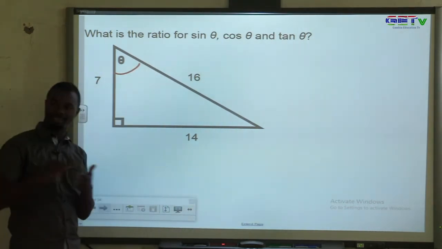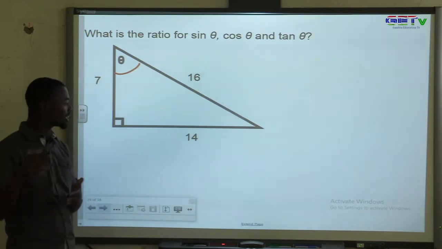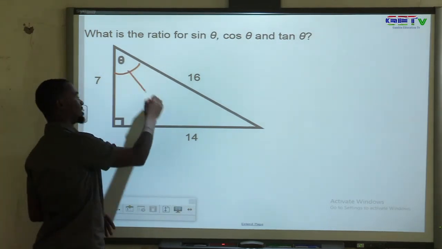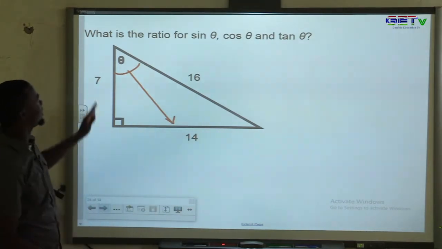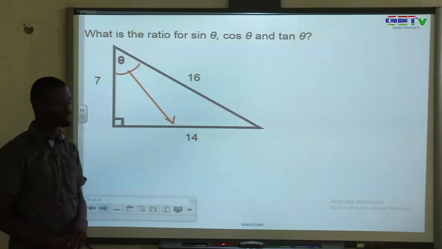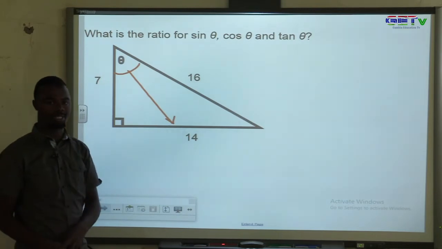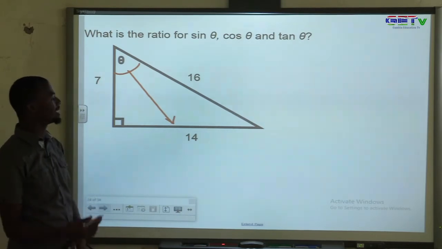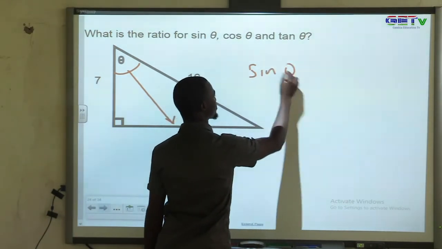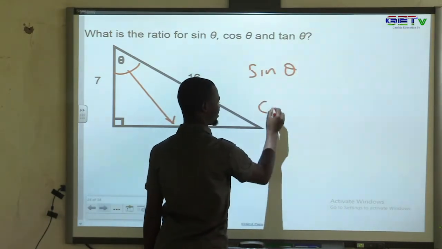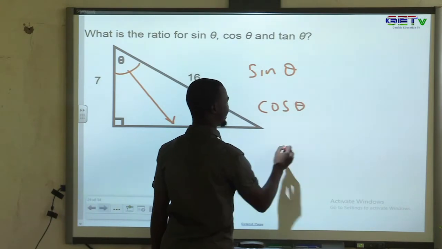Then the side directly opposite theta is the opposite, that is this side here, and that is 14. The adjacent side is 7, and the hypotenuse is 16. So we are asked to find sine theta, cos theta, and tan theta.